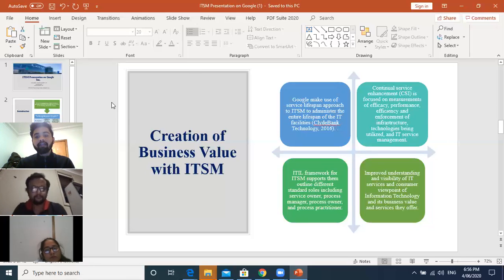Continual service enhancement is a focus on measurement of efficacy, performance, and efficiency of infrastructure technologies being utilized, and IT service management. Improved understanding and visibility of IT service and consumer viewpoint of information, technology, and business value and service they offer.